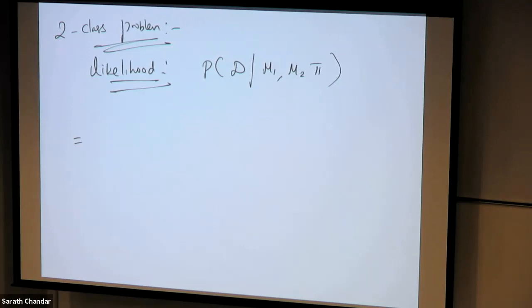Based on the IID assumption, which means things are independent and identically distributed, the likelihood of the data set is going to be the product over all the examples.